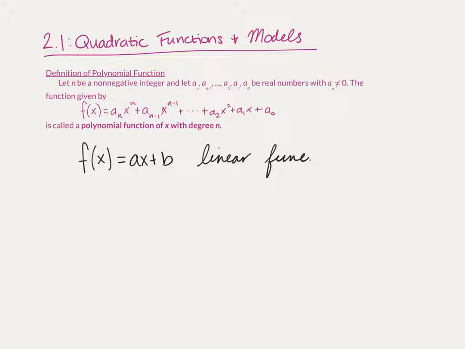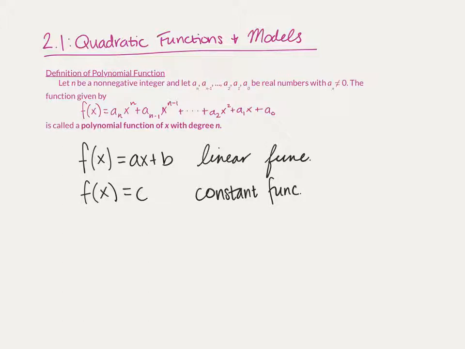Or if we were to look at f of x is equal to c, where c is a real number, this is a polynomial function of x with degree 0, right? Because it's the same thing as a sub 0 times x to the 0. So this will be a polynomial of degree 0 or a constant function. Because remember, anything to the power of 0 is just 1, so it's just the number.